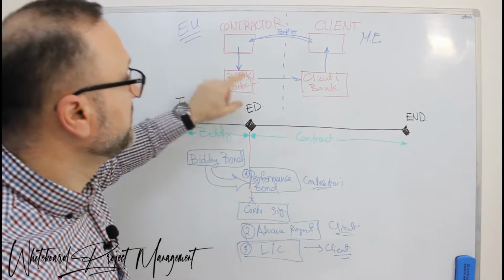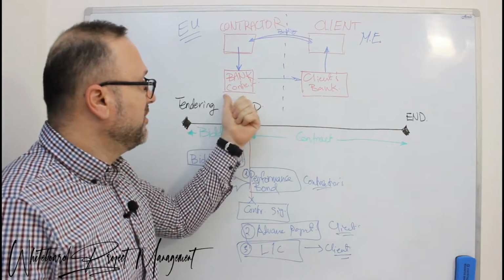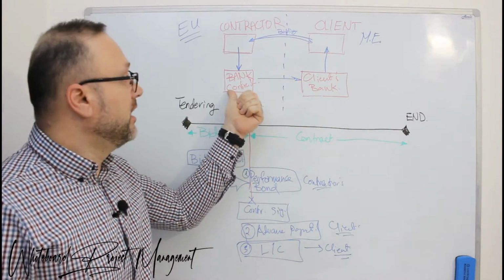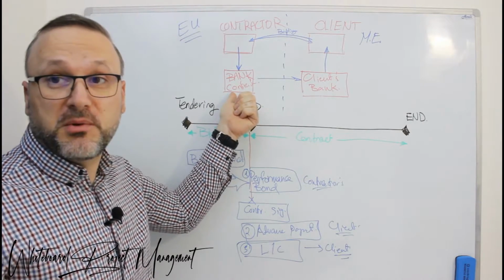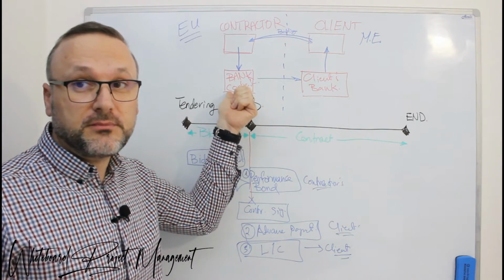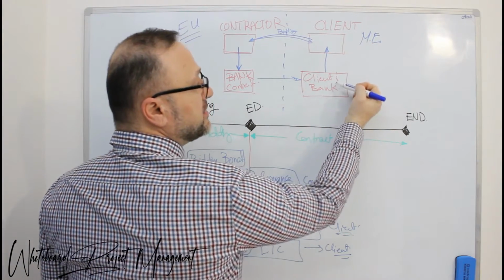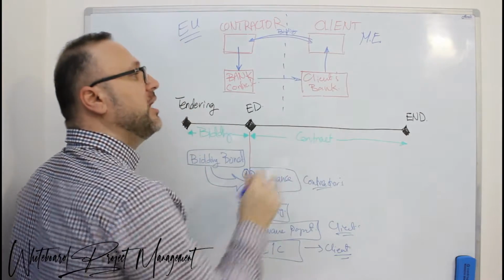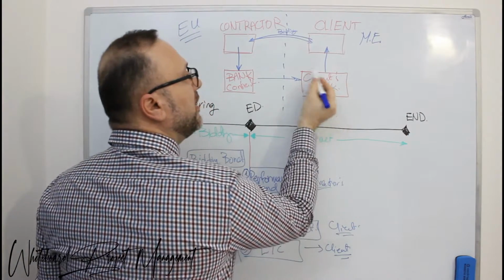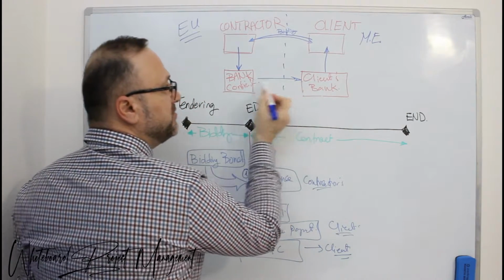In this case, the client doesn't accept a performance bond from a foreign bank, but needs a performance bond from the client's bank, and the client's bank issues this to the client based on the agreement between the two banks.